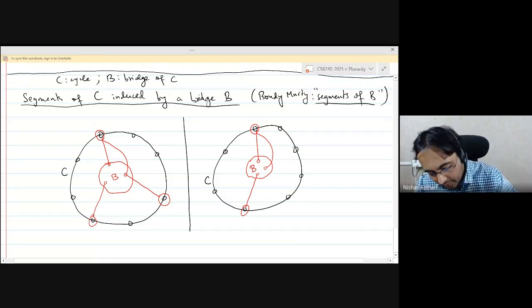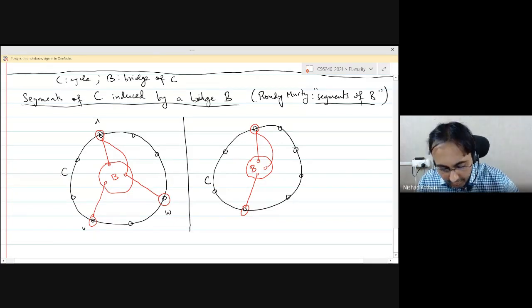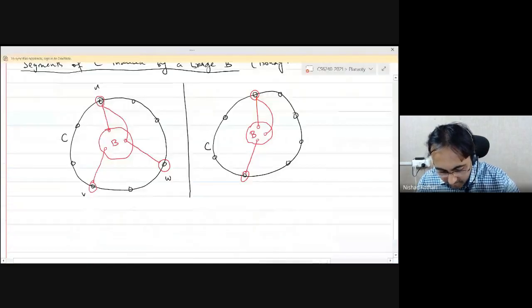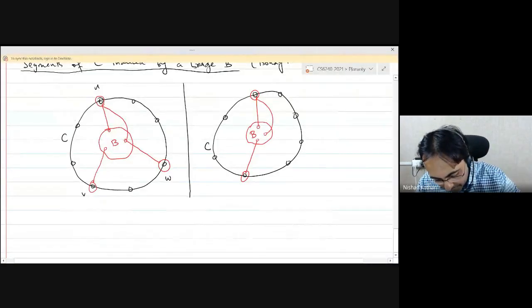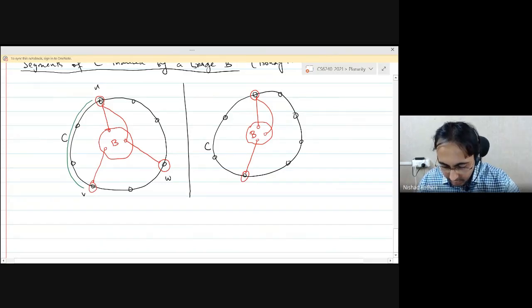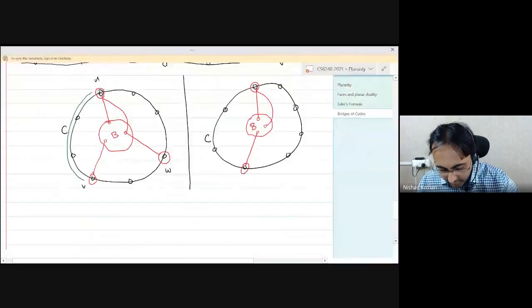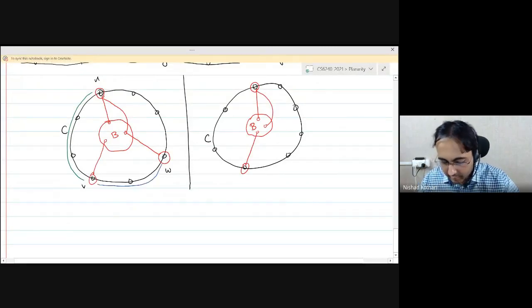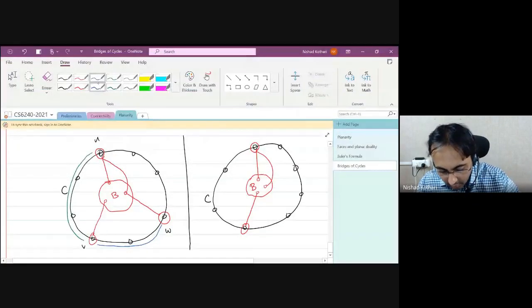Supposing I have three vertices of attachment, U, V, and W, then the segments of the cycle induced by this bridge are exactly what you think. There is a green colored path from U to V, which does not contain W. Then there is a blue colored path from V to W that does not contain any other vertex of attachment of this bridge.